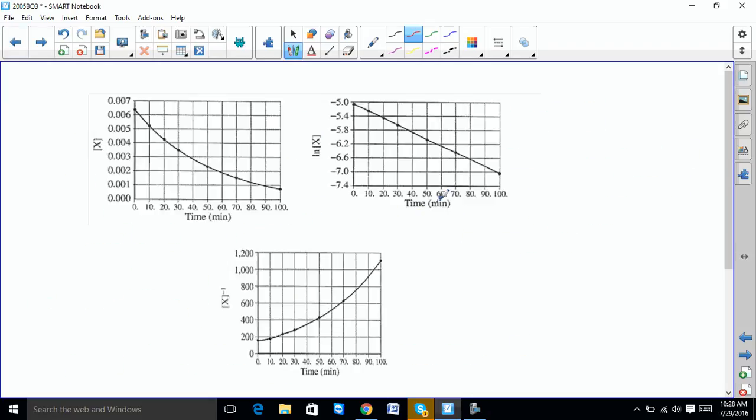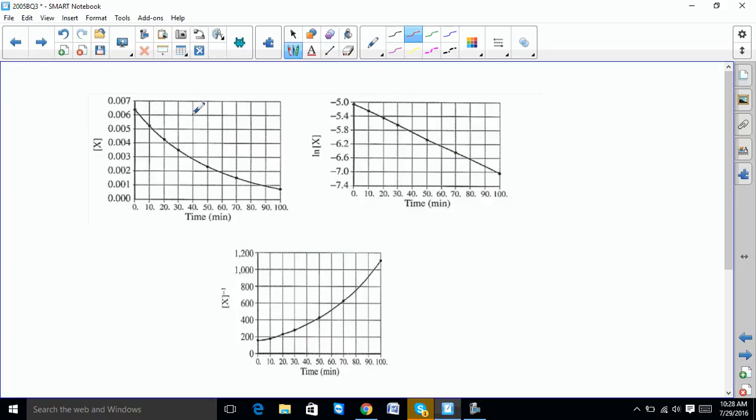Well, that's this. It's this easy. If you graph ln of X versus time and it's linear, it's first order. If you graph the reciprocal of X versus time and it's linear, it's second order. This is not linear. If you graph X versus time and it's linear, it's 0 order. So the one that's linear determines the order.